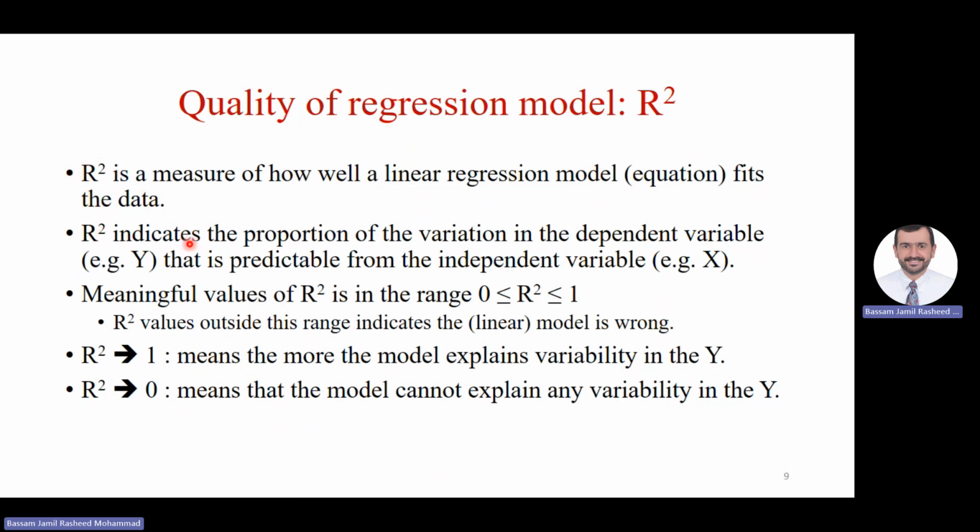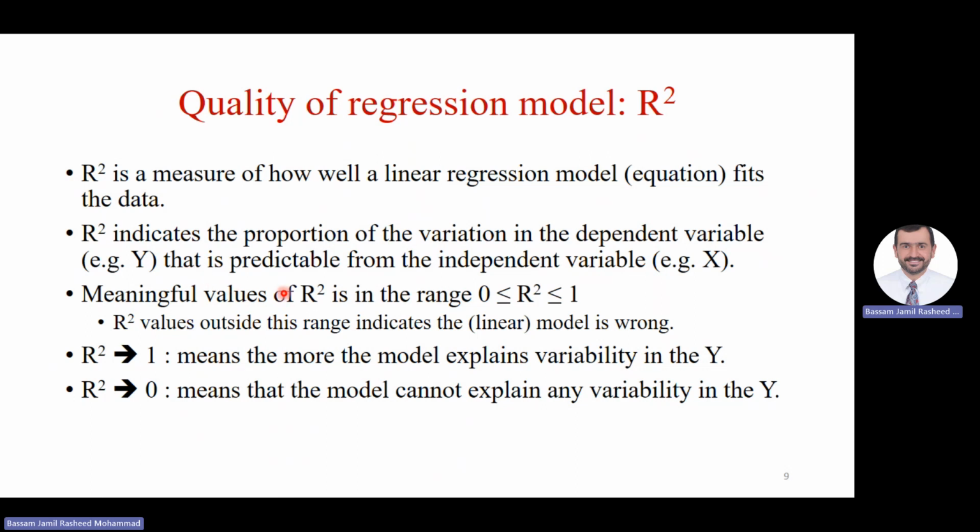R square indicates the proportion of the variation of the dependent variable that is predictable by the independent variable. In other words, how good my model is. That means how well my linear model fits.